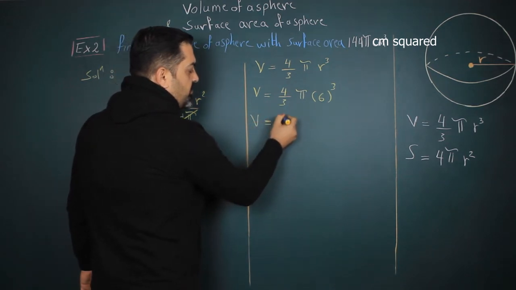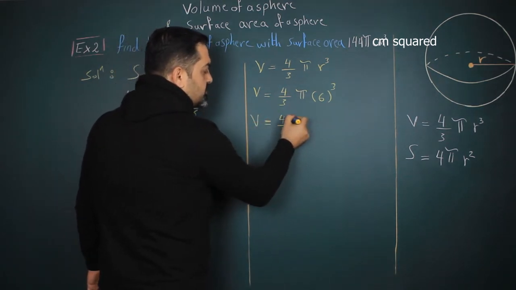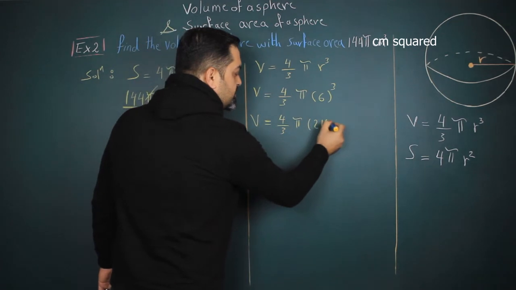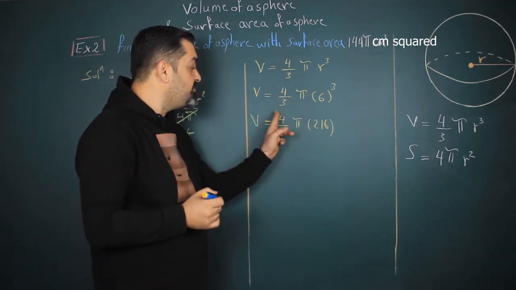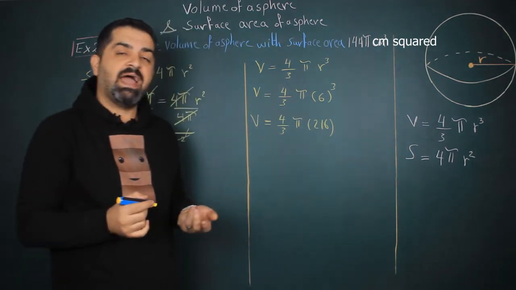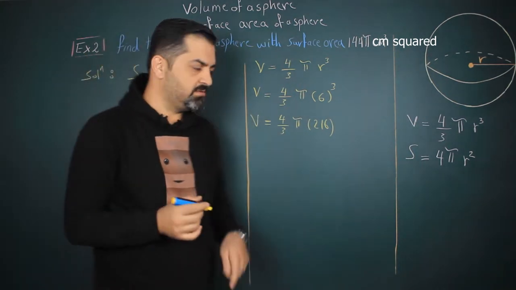V is equal to 4 over 3 times pi times 216. If you multiply 216 by 4, it is equal to 864.